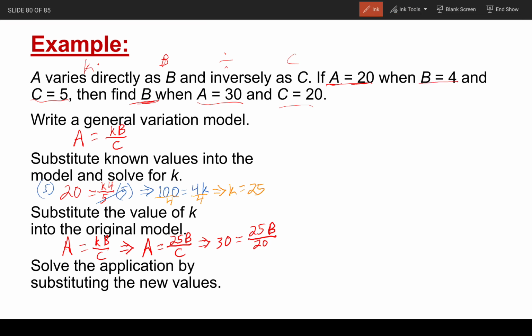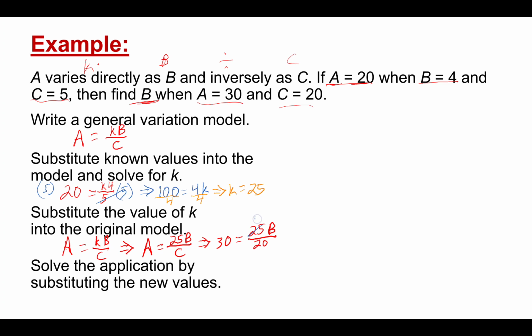Or maybe I will simplify this. So this becomes 5 goes into 25 5 times, 5 goes into 20, 4 times. So then all I have to do is multiply by 4 and 4. So then that filters off.